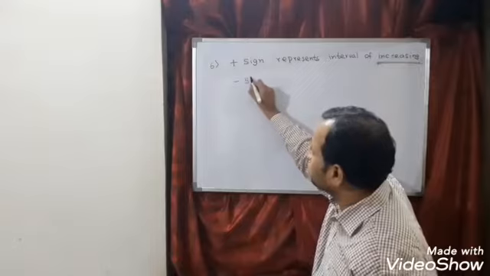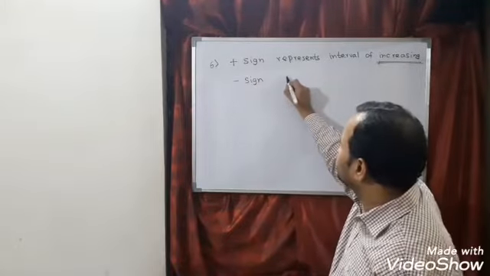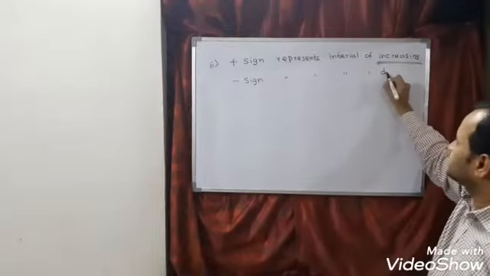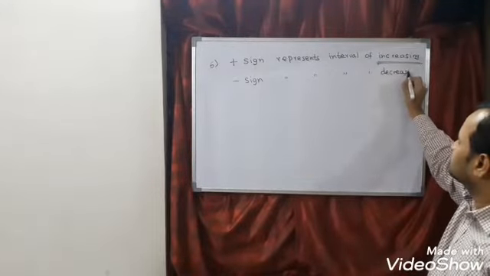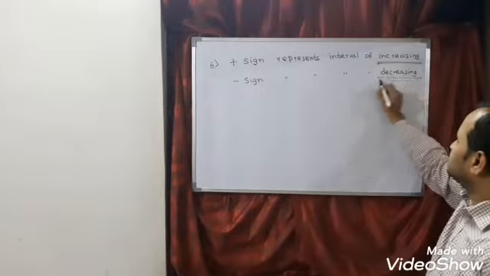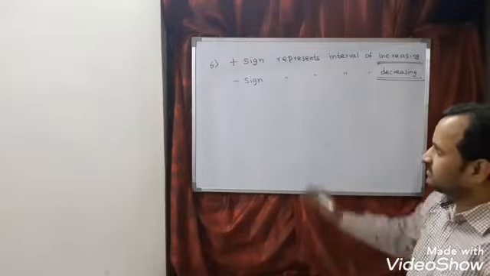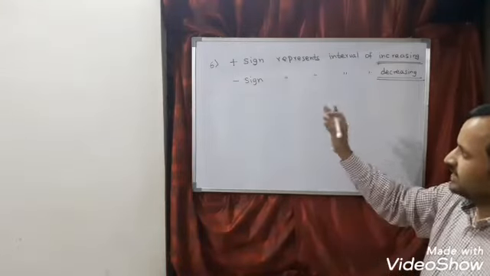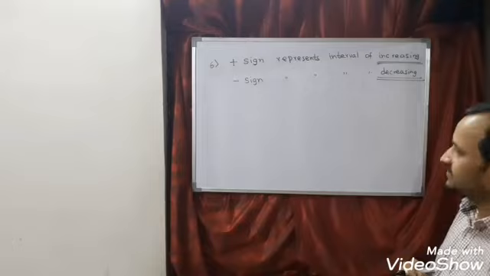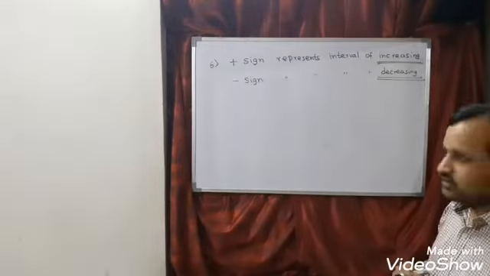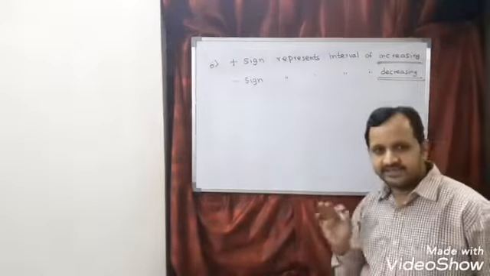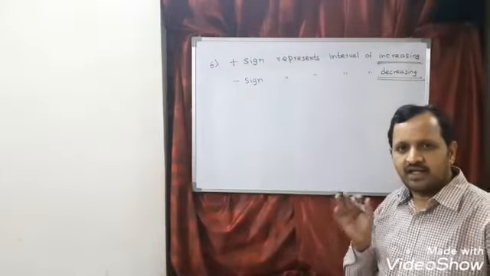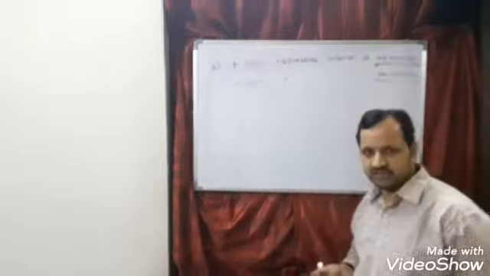Negative sign represents interval of decreasing. So the sixth step is: positive sign represents interval of increasing, negative sign represents interval of decreasing. So these are the 6 steps to find the interval of increasing and decreasing of a function.